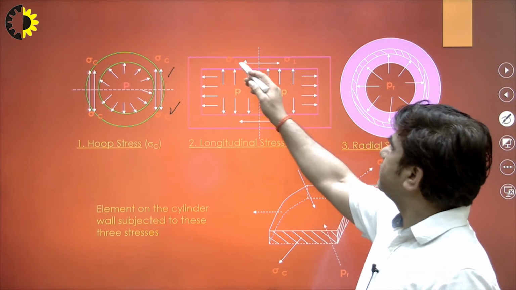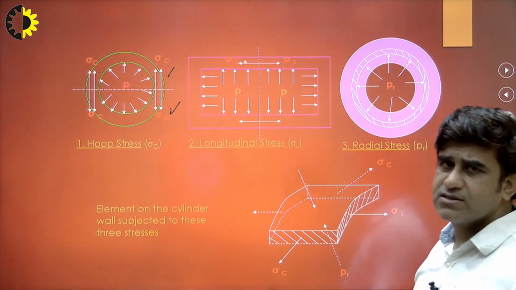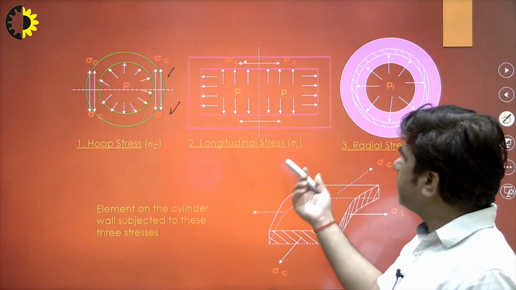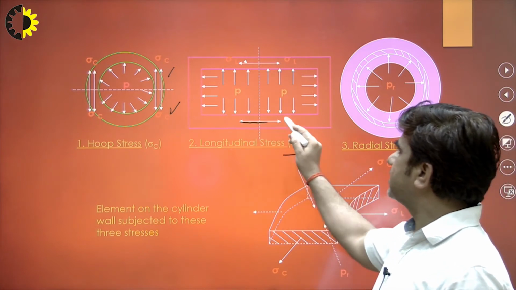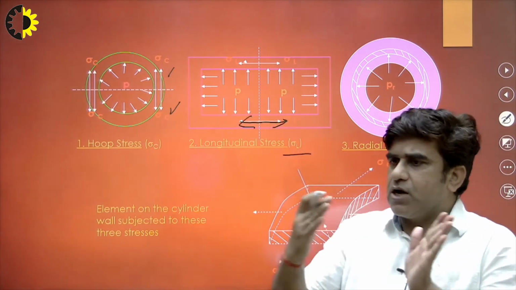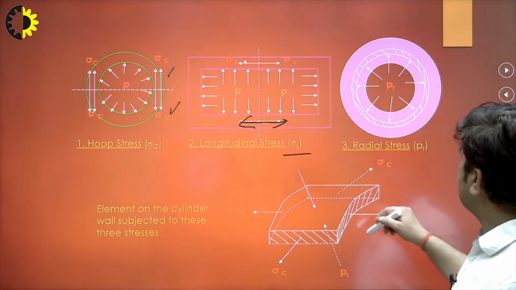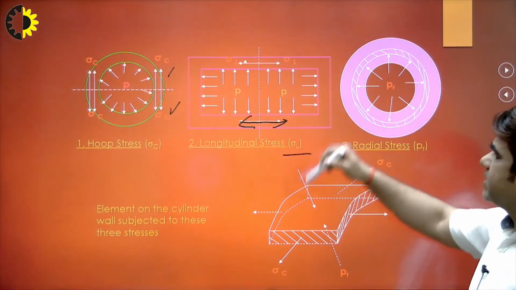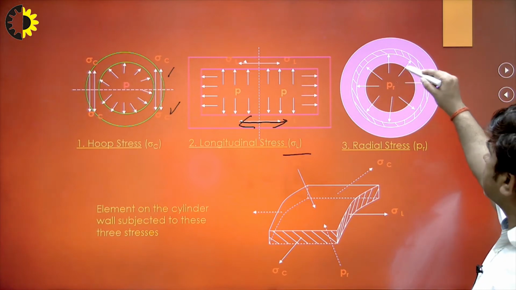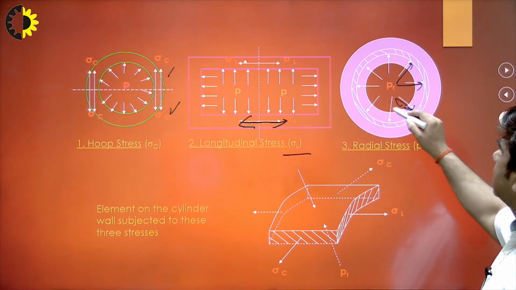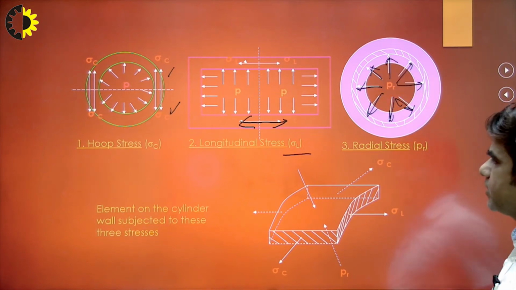Now, what will be the direction of longitudinal stress? It will act along the length of the cylinder. Now, radial pressure PR, when the cylinder is subjected to fluid pressure, acts radially. This is the radial pressure.